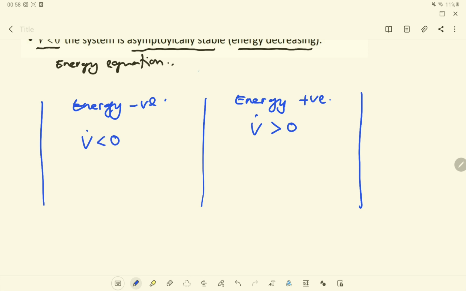And here the energy doesn't change or stays the same, where V dot equal to 0. So we have 3 timelines: energy negative, V dot less than 0; energy positive, V dot greater than 0; energy stays the same, V dot equal to 0.